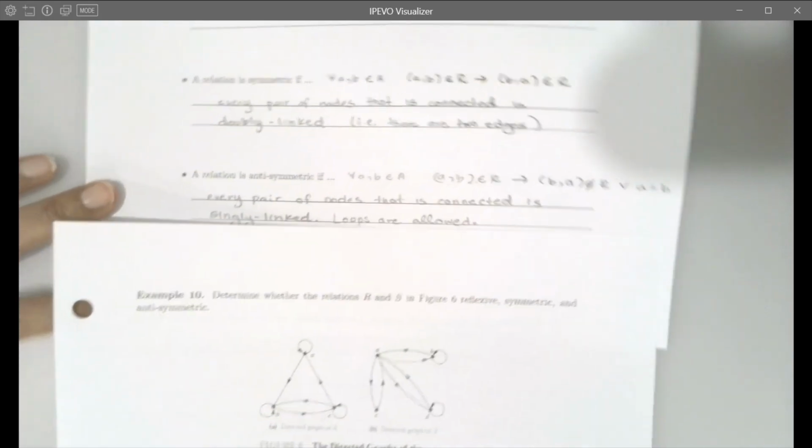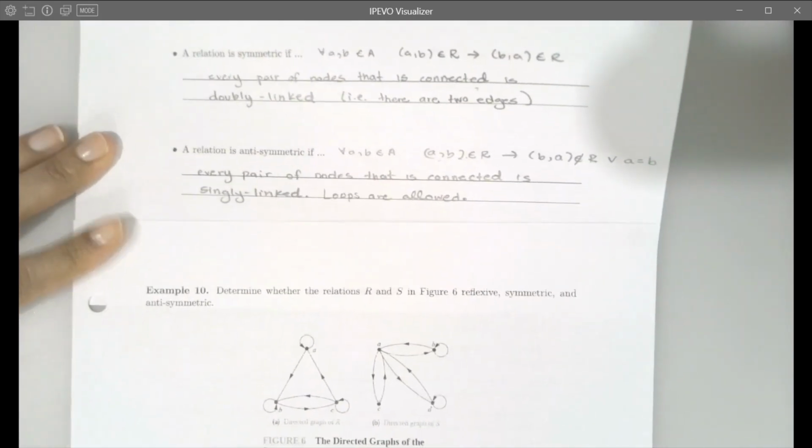Okay, so let's use that for example number 10. For example number 10, they're asking us to determine whether the relations R and S in this figure are reflexive, symmetric, and antisymmetric.